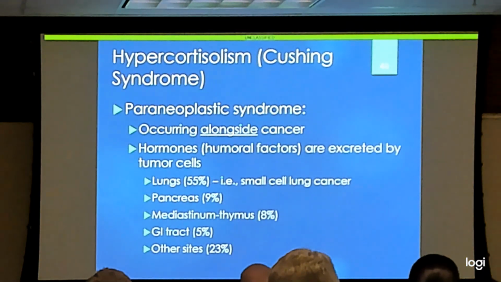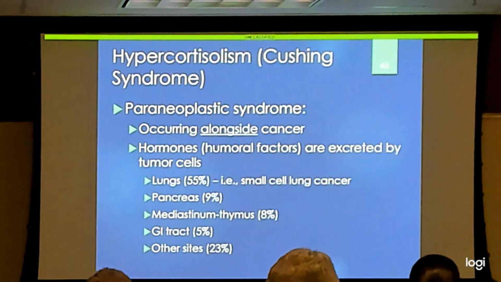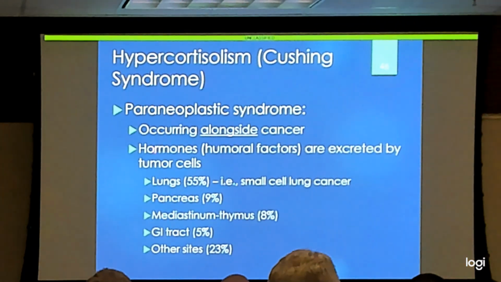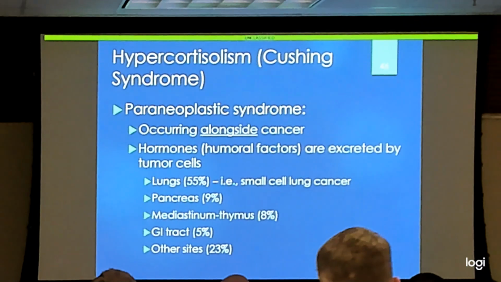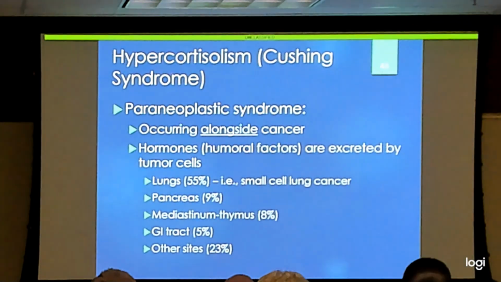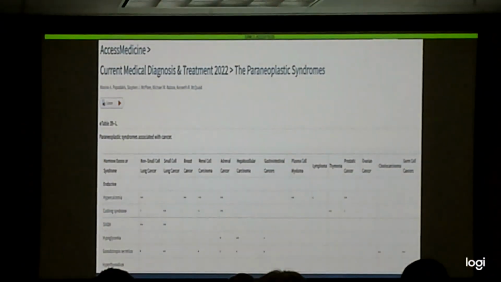If you have small cell lung cancer, maybe a buzzkill, it's not going to do well. This is the most common one. There are some other ones too, but I just want you to know for this one, stay focused on the lungs. That's the most common version of this, is small cell lung cancer in this case. Any question what paraneoplastic syndrome is? Okay. All right, cool.